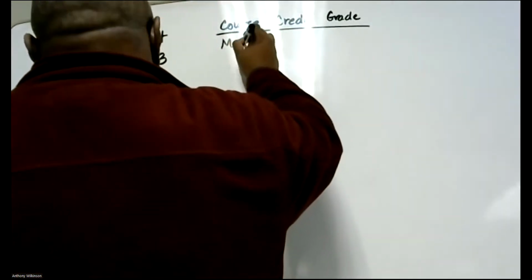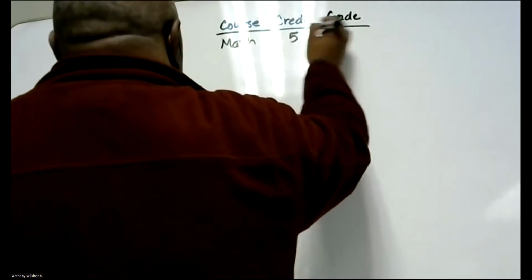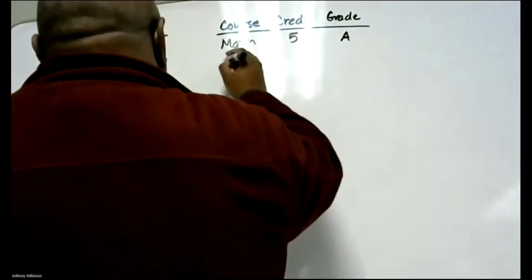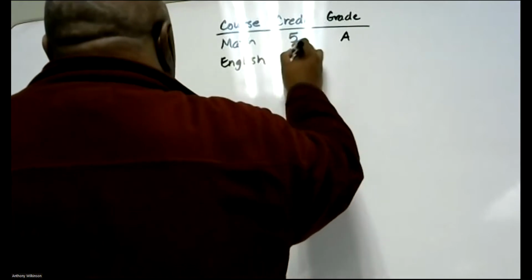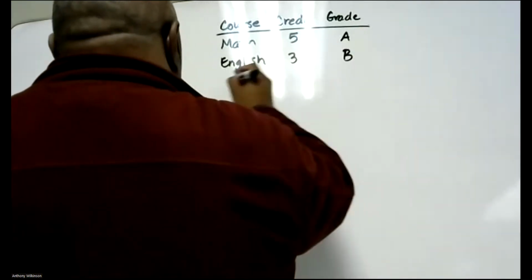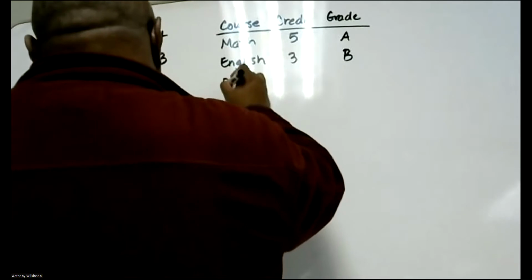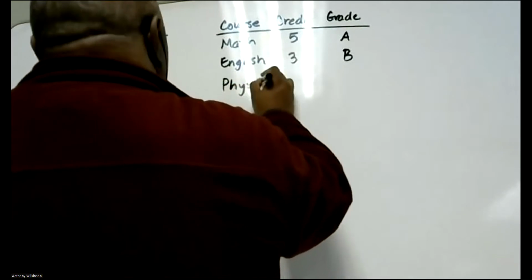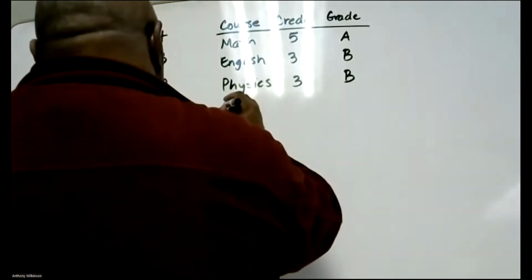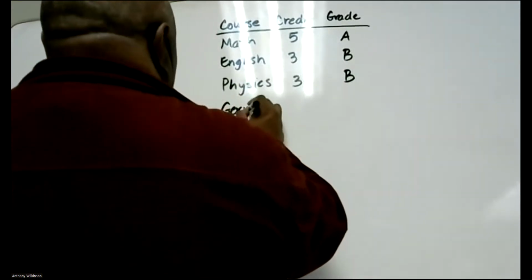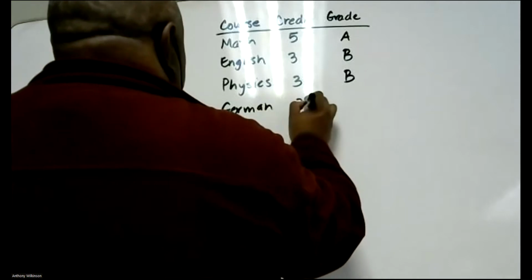So you get math, 5 credits, that's an A. English, 3 credits, it's a B. Physics, 3 credits, that's also a B. And German, 3 credits, and that's a C.